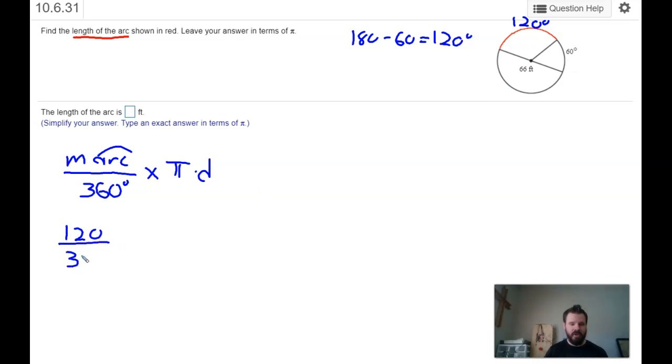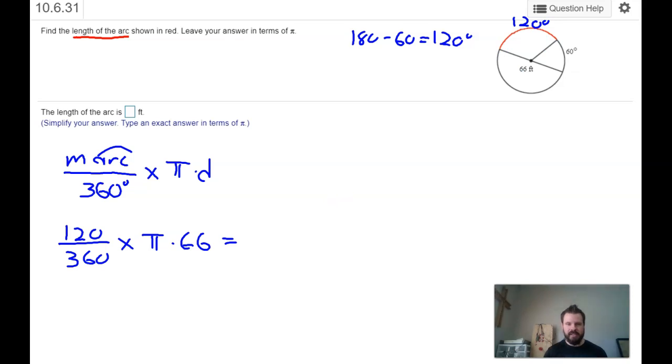So we'll take 120 over 360. In other words, that would be a third of the circle, a third of the circle's circumference. And then I'll multiply that by pi times 66. That's my circumference times the fraction. That's going to give me how much of this circle's circumference is that red arc there.